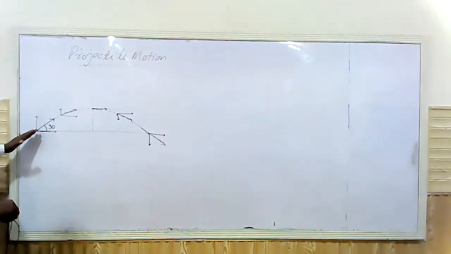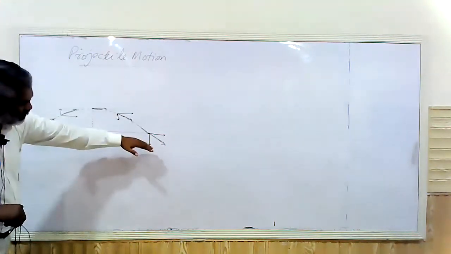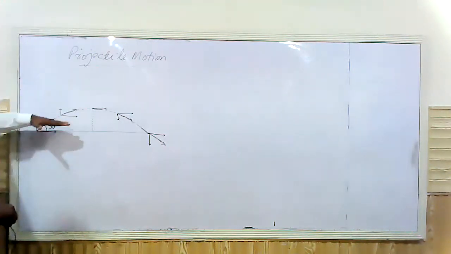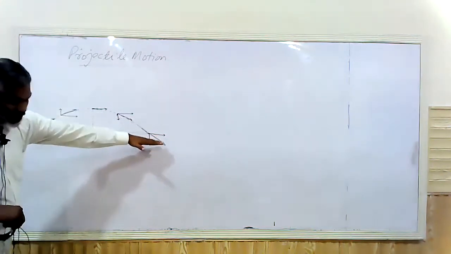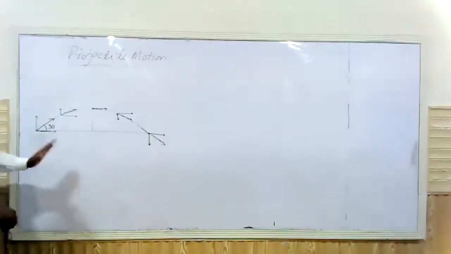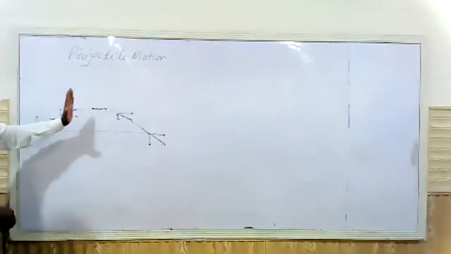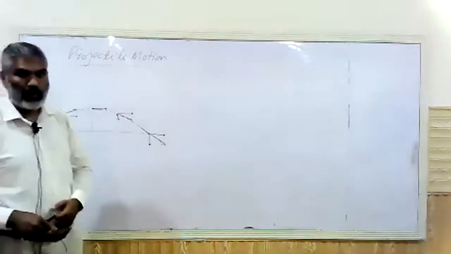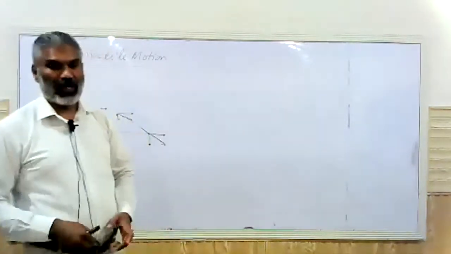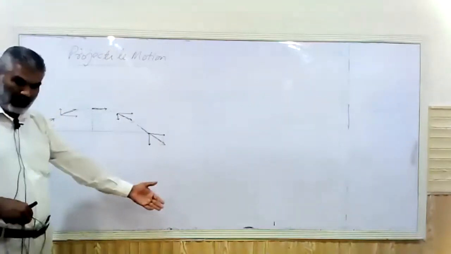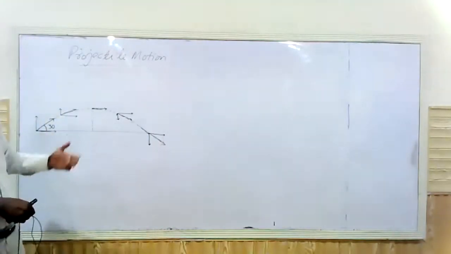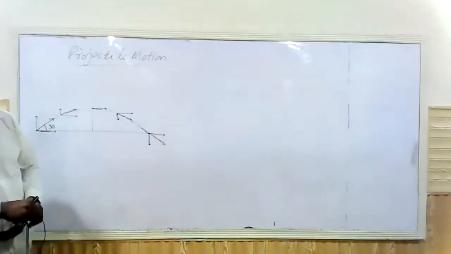So the object is taking a curved path, horizontal component of velocity along one direction, which is x direction, and vertical component of velocity is varying at a constant acceleration, which is 9.81. So like in the first case, we can define projectile motion again.